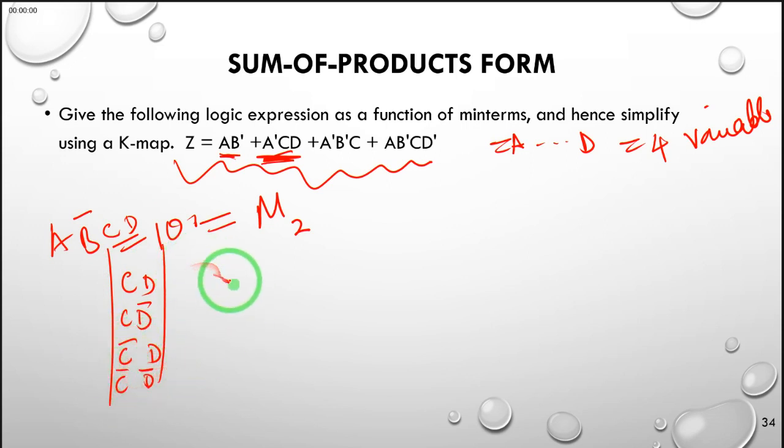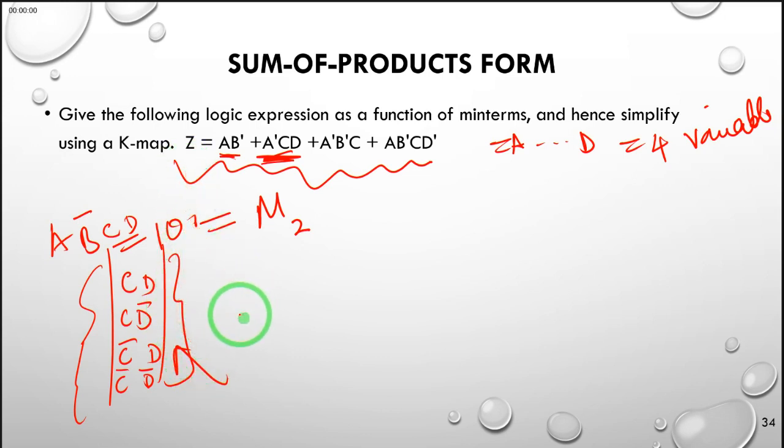But we don't need to develop these extra terms because we are not using the basic axioms or laws of Boolean algebra. We are using K-map, and K-map provides a visual representation of how to do that.